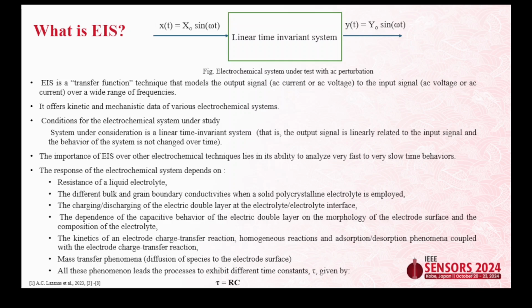But the important part is that your response is going to change when you change the reference electrode. And for the Ag/AgCl reference electrode, the solution that we put in that half cell electrode is very important. Some people use 3 molar, some people use 3.5 molar, so we should keep that solution constant, otherwise the response is going to get hampered because the conductivity is going to change with that.